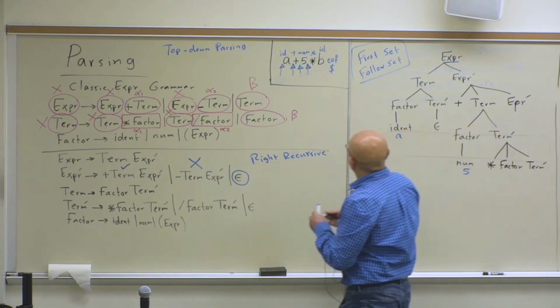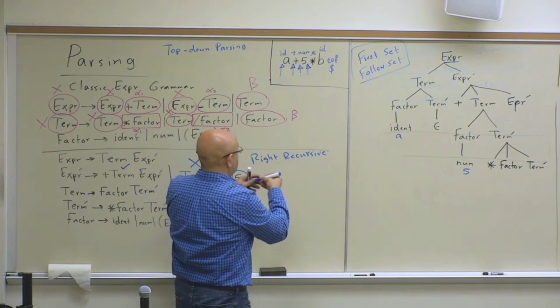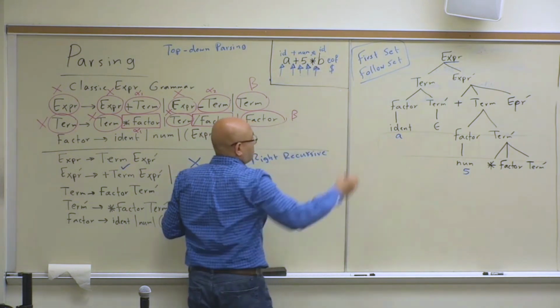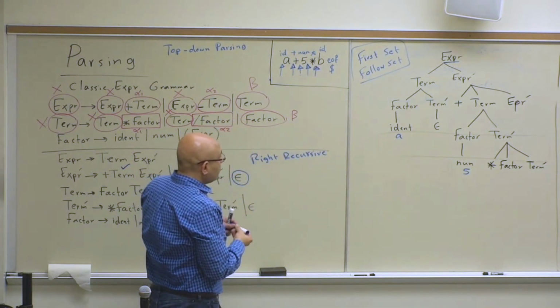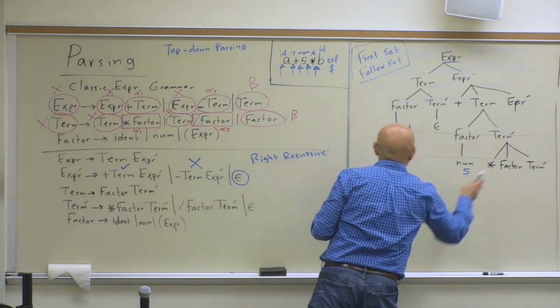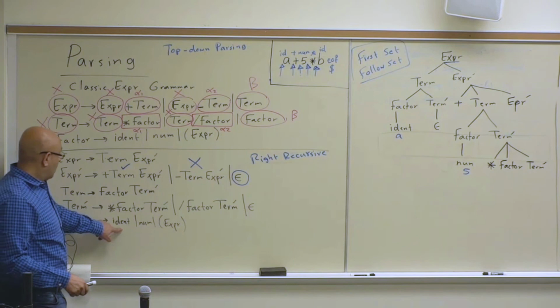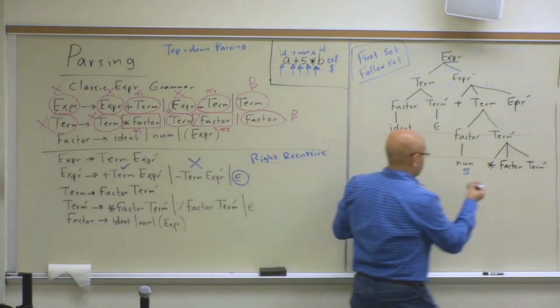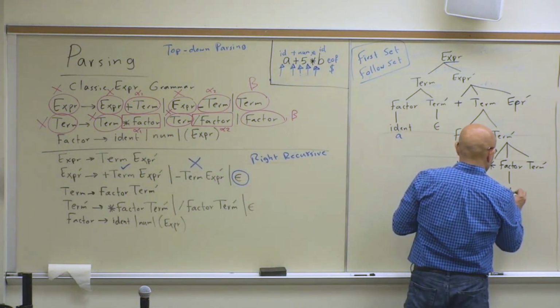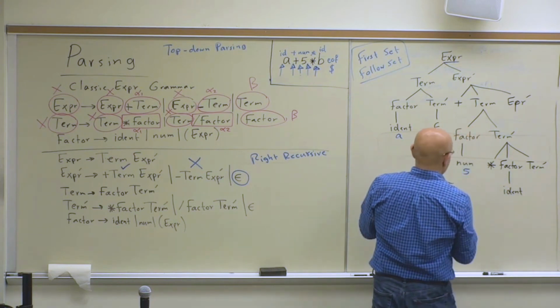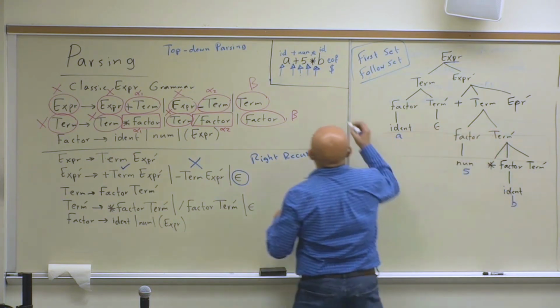And since I have recognized the multiply, I advance the pointer, and now I'm looking at the B. Now for a factor, what's the right substitution based on what? Identifier. And this identifier is the B. And I advance my pointer.